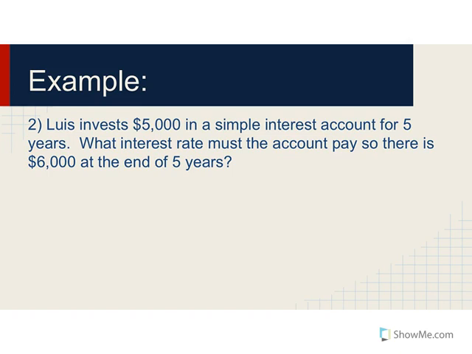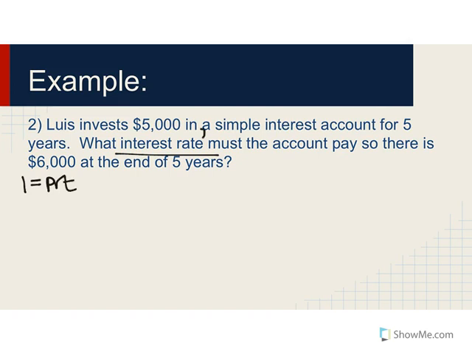Now to go over another example, we have Luis invests $5,000 in a simple interest account for 5 years. What interest rate must the account pay so there is $6,000 at the end of 5 years? So again, let's write down our I equals PRT formula.